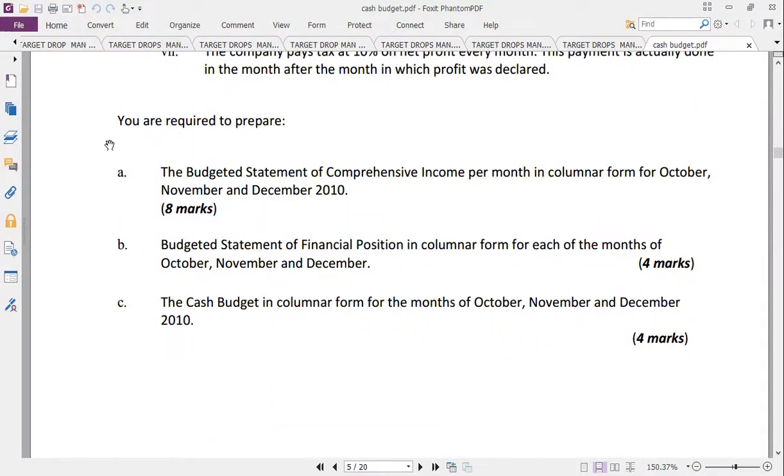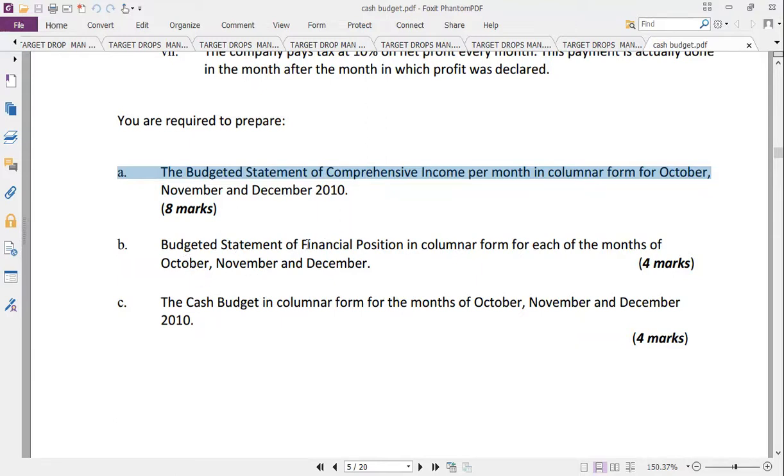Required. You are required to prepare A, the budgeted statement of comprehensive income per month, in columnar form for October, November, and December 2010.